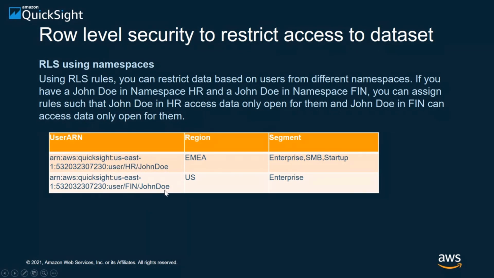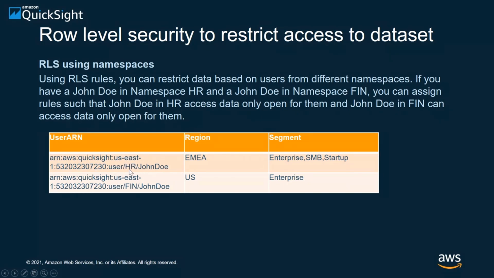Similarly, this John Doe is qualified by the namespace finance, and we are adding it to the column user ARN. The initial RLS that we launched was just for user ID, where we would have just had user ID John Doe and John Doe. But that would cause confusion because we don't know which John Doe is part of which namespace. Instead, we have enabled it where you can add a user ARN and the name is qualified by the right namespace.